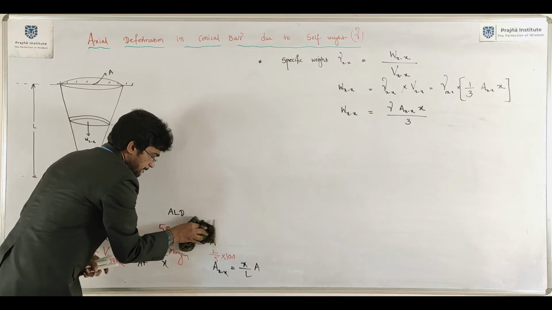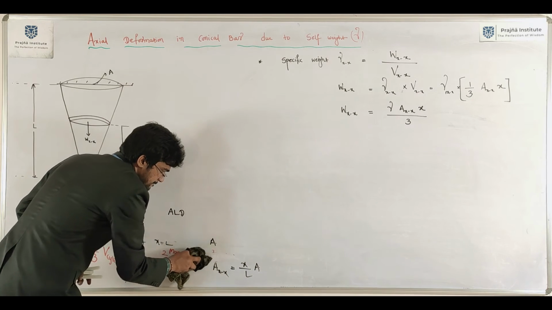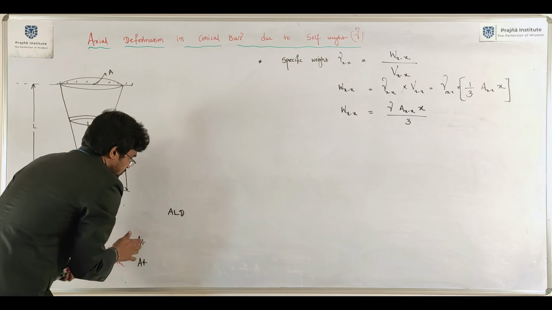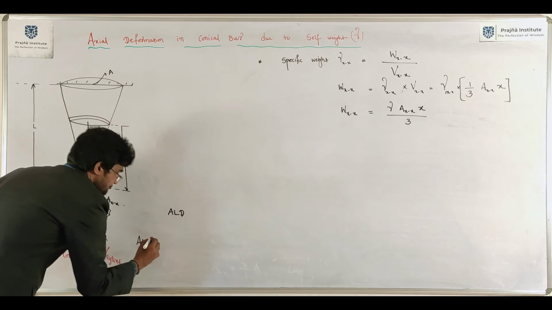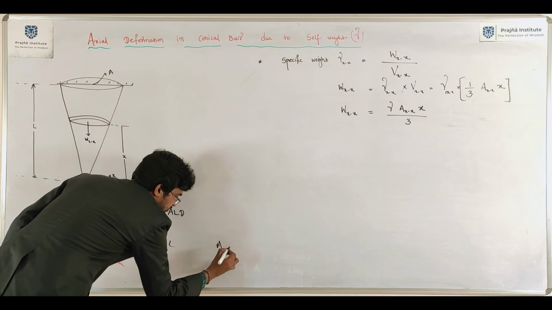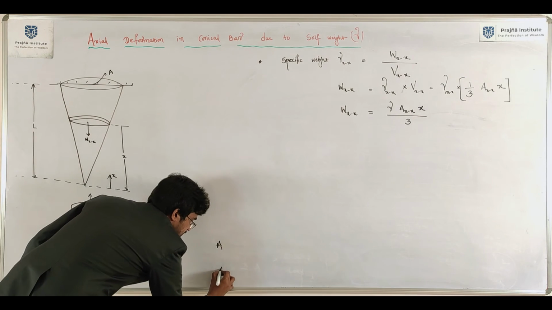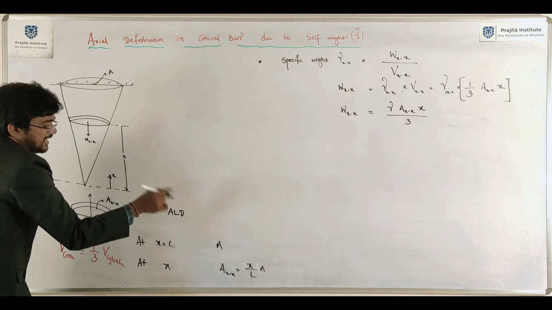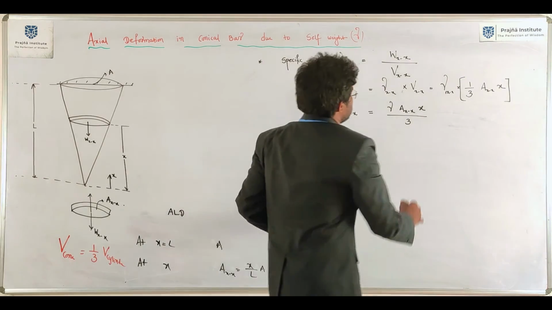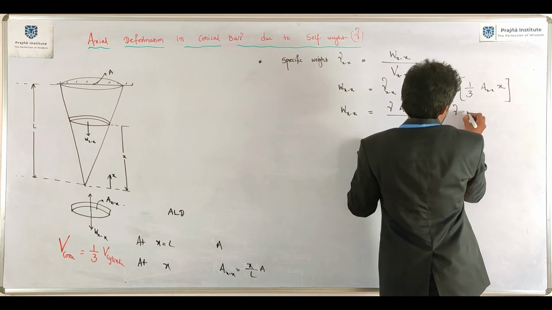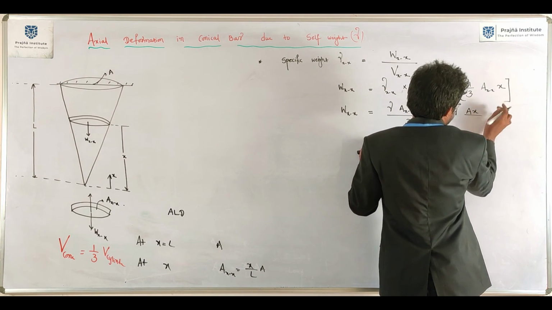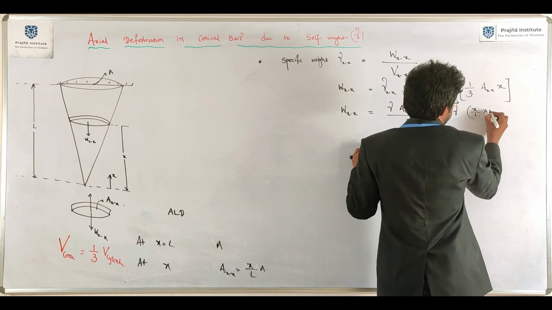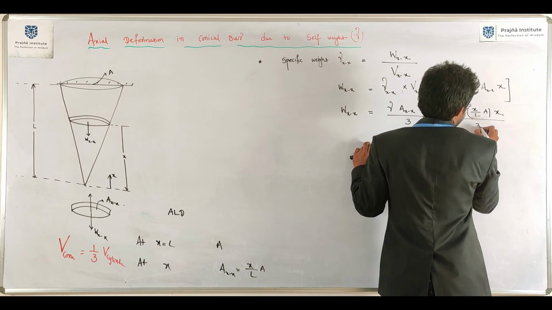Now at x equal to L, area of cross section is A, and at x, A_x equals x by L into A. Just replace A_x with gamma A_x by, or else x by L into A into x by 3.